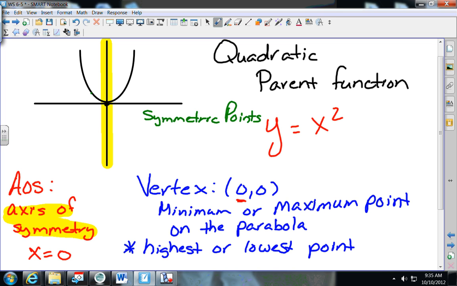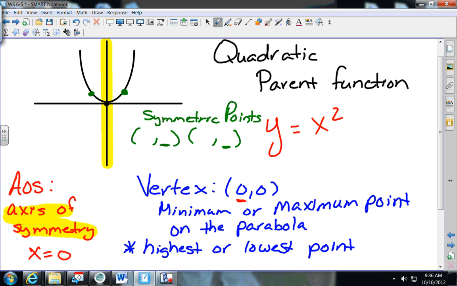The points on each side of the parabola, on the other side of the axis of symmetry, where they're the same distance. What number is the same in those ordered pairs? For symmetric points, in this case, the y numbers will be the same.